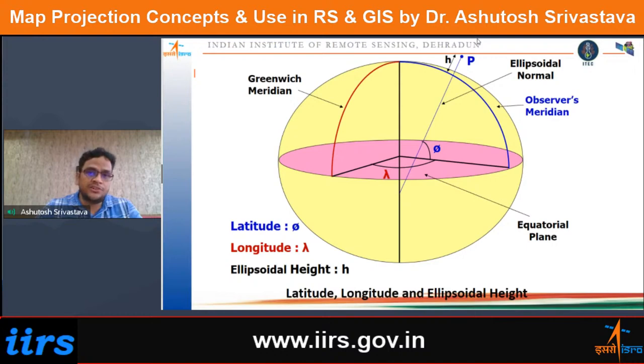And for the vertical position, you have the perpendicular distance from the point P. It is nothing but the ellipsoidal height. So that way we are deriving a latitude, longitude, and the ellipsoidal height. Latitude and longitude are for the horizontal position. Height you can take either from the geoid or the mean sea level.